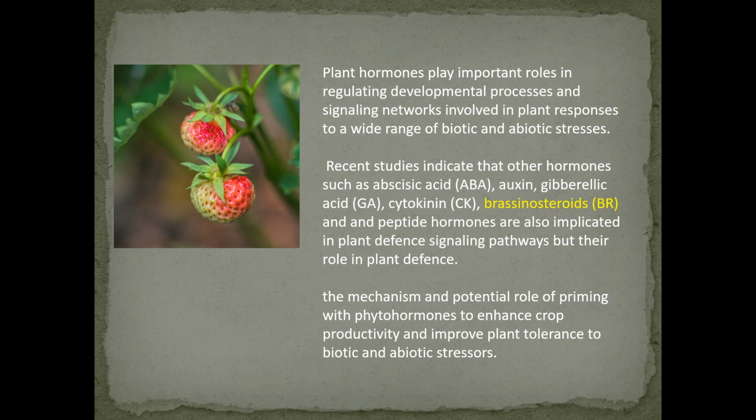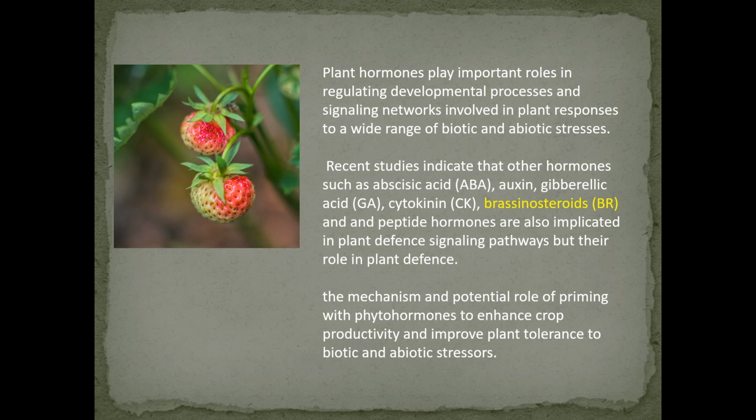This is called signaling crosstalk. Recent studies indicate that hormones such as abscisic acid, auxin, gibberellic acid, cytokinin, brassinosteroids and peptide hormones are also implicated in important plant defense signaling pathways, but their role in plant defense.